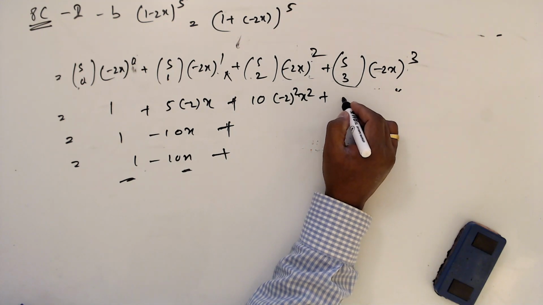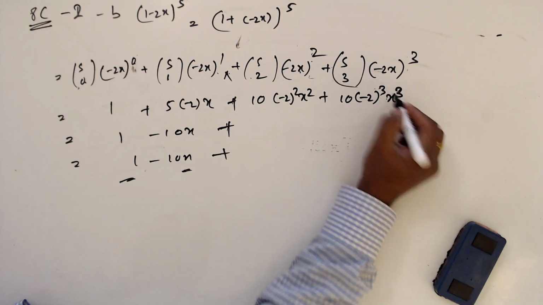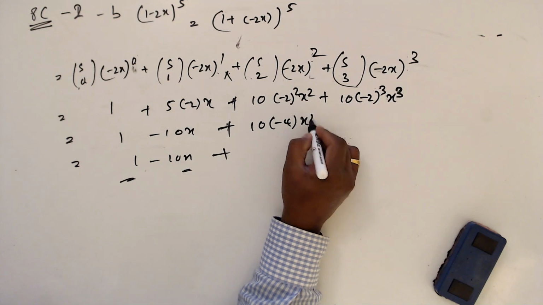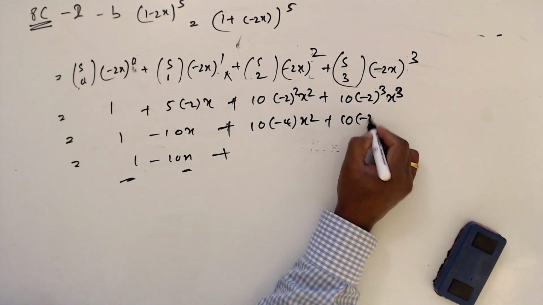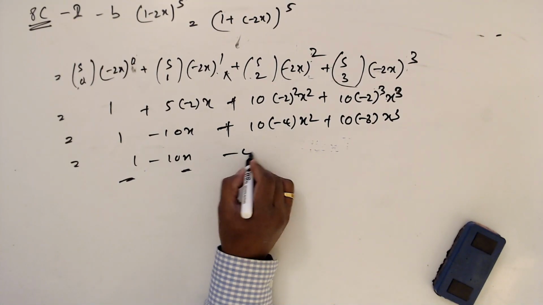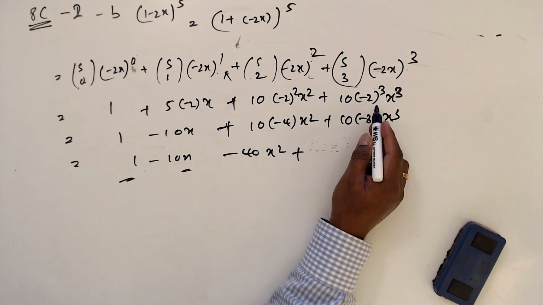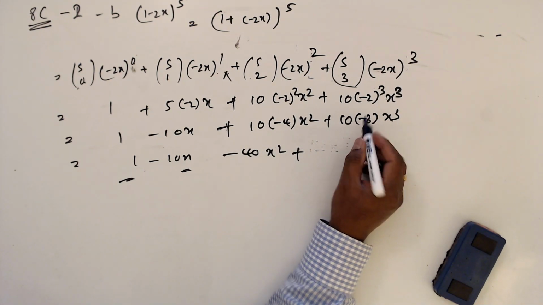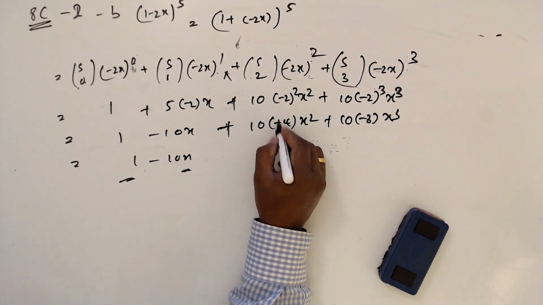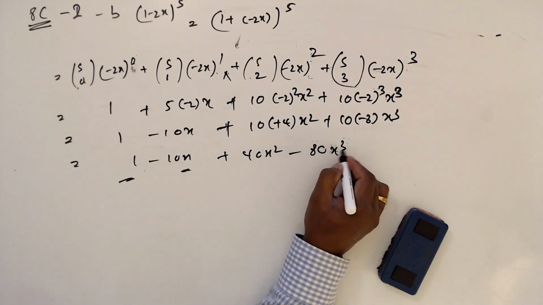Then this is again 10 times minus 2 cubed x cubed. This is going to be 10 times 4 times x squared and 10 times minus 8 times x cubed. So this is plus 4, so plus 40x squared minus 80x cubed.